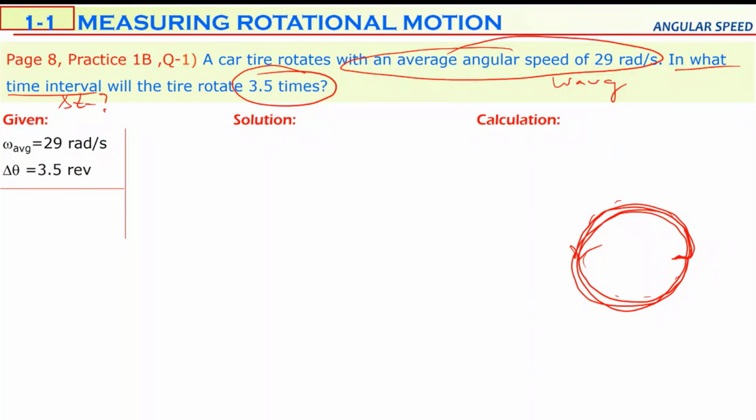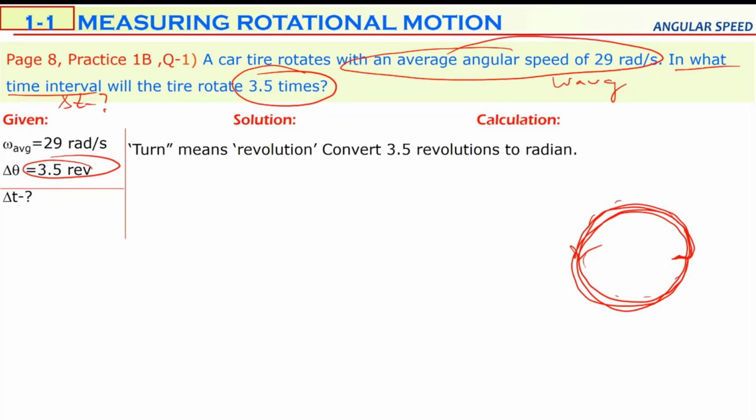So now, do we use revolution in calculation? No, we have to convert this revolution to radian before making the calculation, since time interval delta t is asked. How? Every rotation or every revolution is how many radians? 6.28.